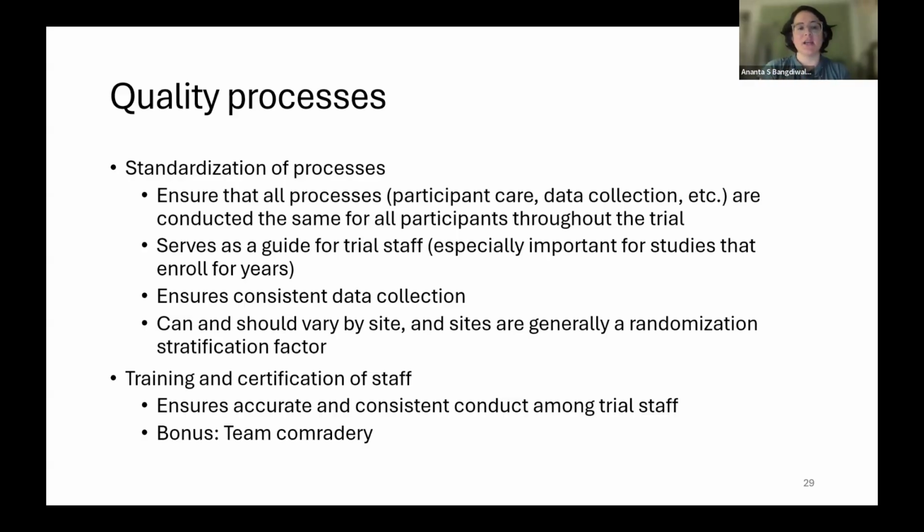This ensures consistent data collection. I will also say that the standardization of processes can and should vary by site, because sites are generally a randomization stratification factor. Like I mentioned for the Harvest study, we had 4 sites that each had their own randomization schedules. And so we weren't as worried about the South Africa site, for example.